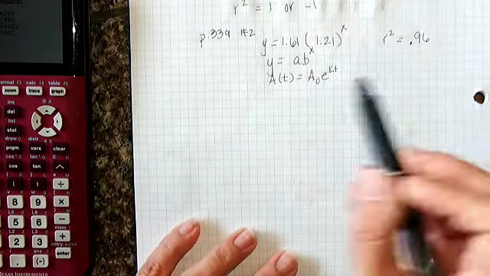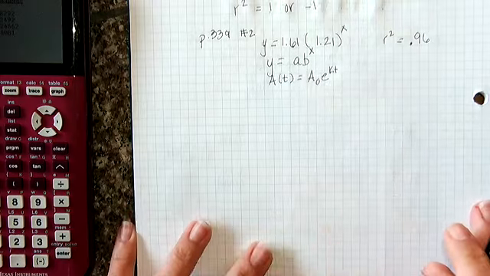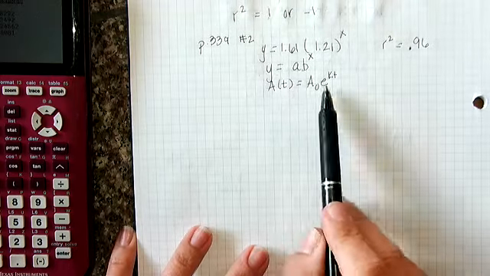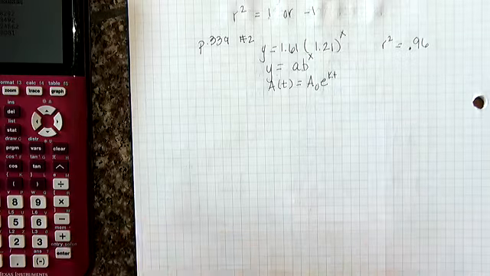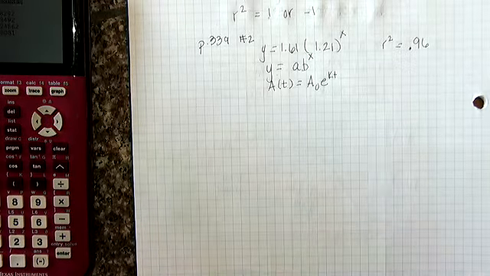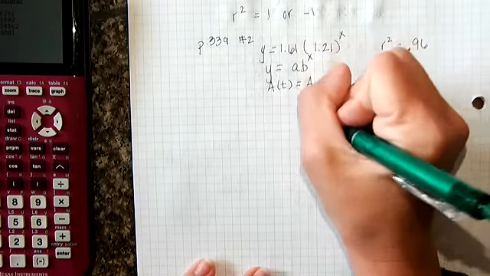So I need to turn this y equals ab to the x equation into one with a base of e. All right, so here we go. A sub 0 represents the initial amount.